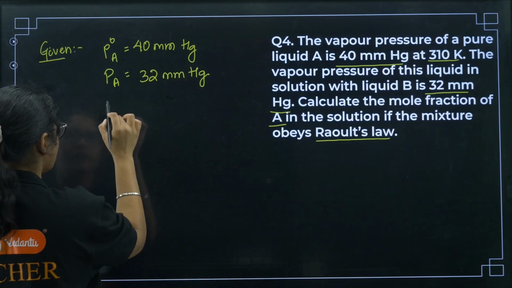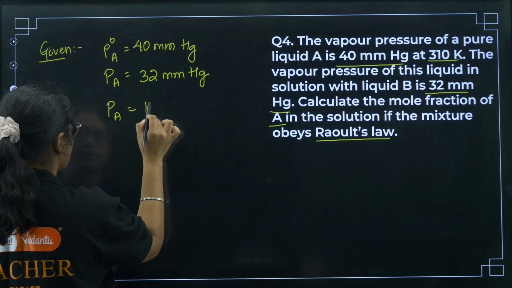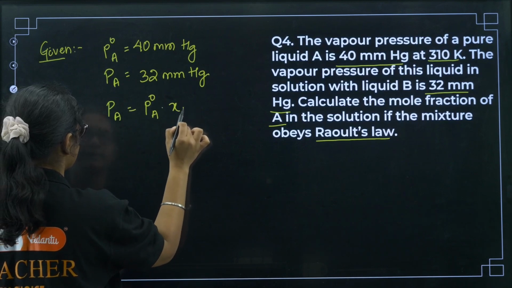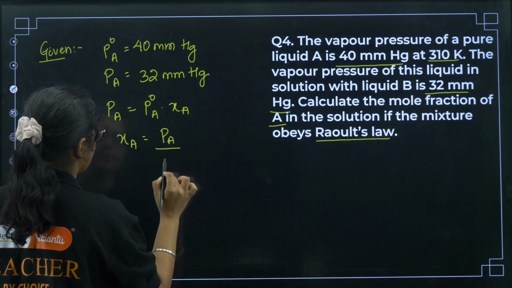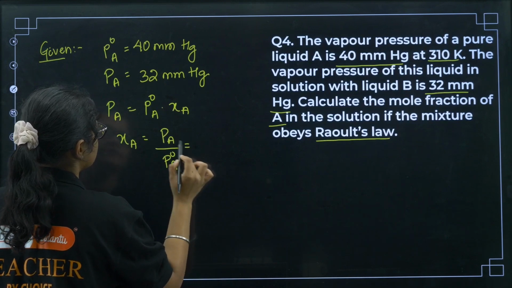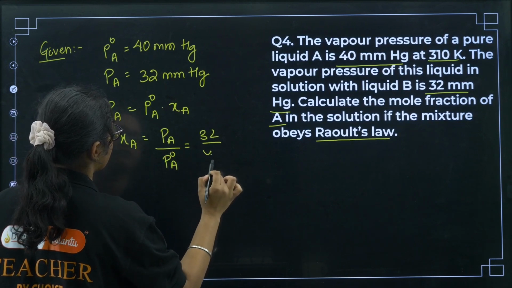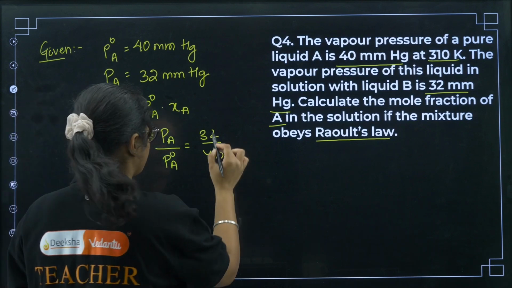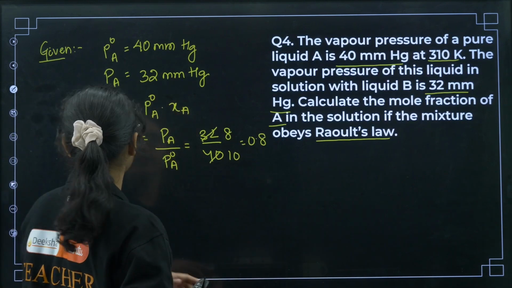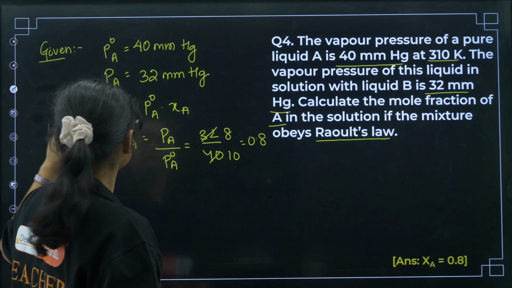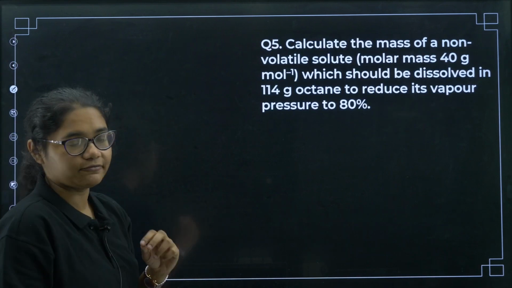Now we have this formula, PA is equal to P naught A into XA. So what will be XA? PA by P naught A, that is 32 by 40. We can calculate: 4 8s are 32, 4 10s are 40, so 0.8. Clear?